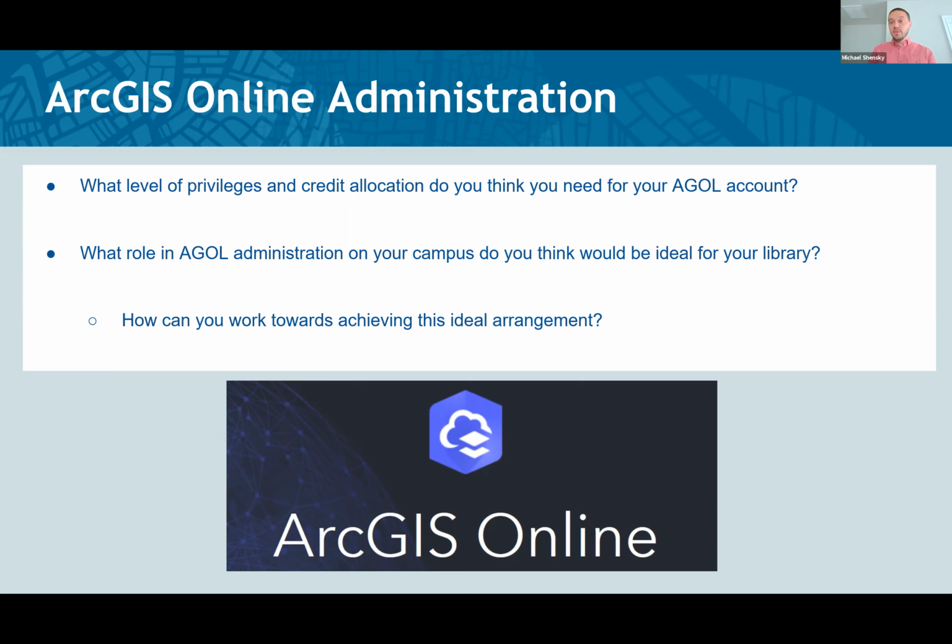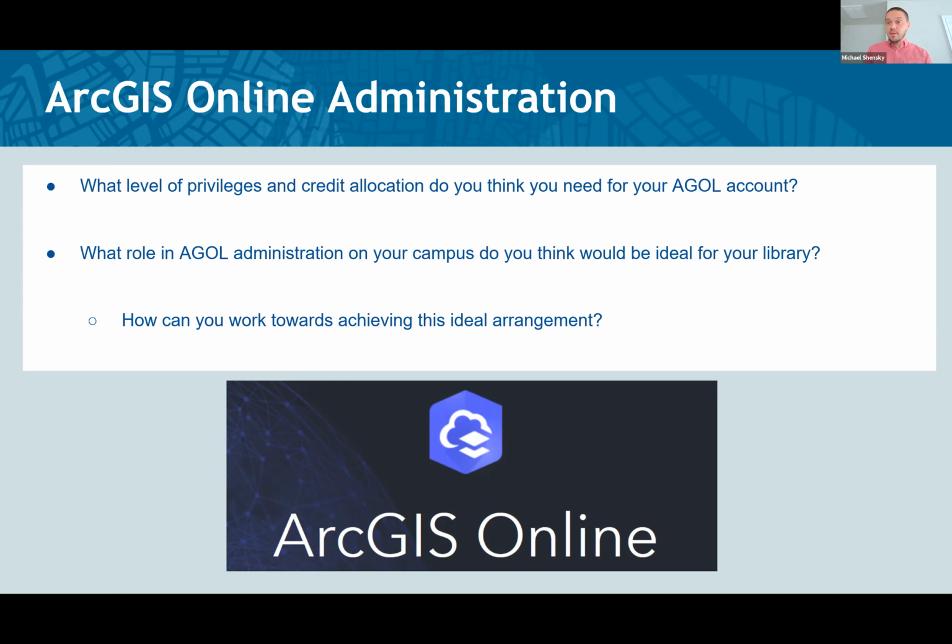But one of the things hopefully we can think about moving forward, and I think Josh's experience at Baylor illustrates how things can change over time, is what role in ArcGIS Online administration on your campus do you think would be ideal for your library? Are you completely happy with the way things are? Do you think that you would continue to be happy with that 3 years from now, 5 years from now?